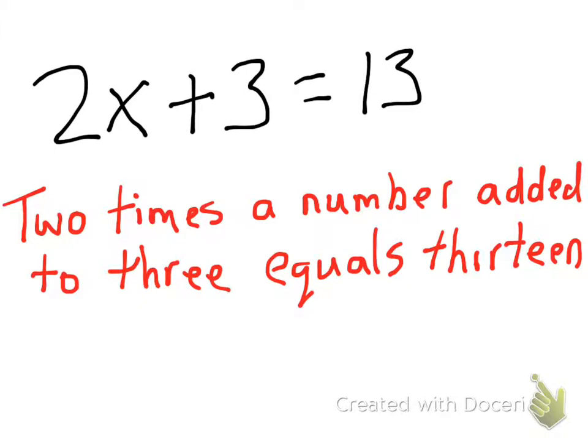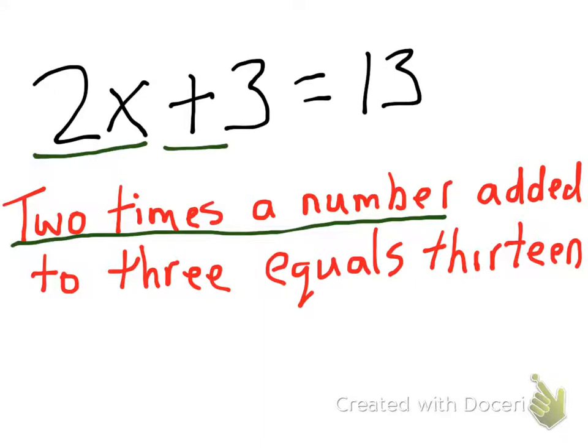So what I have done here is broken down the equation. I started my translation with 2 times a number. That is meant to show 2x. Remember, 2x is the same as 2 times a number. Then I looked at what was happening next in my equation, and it was added. So I simply selected a word for adding. And then I looked at my next number.